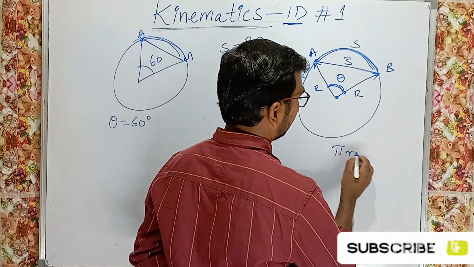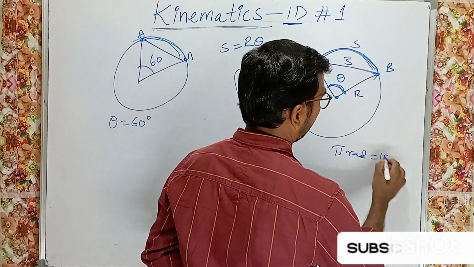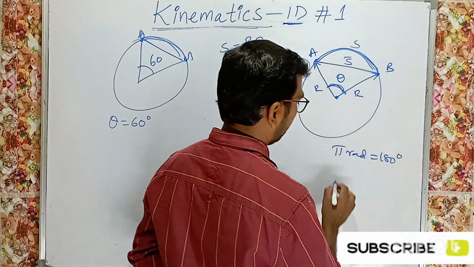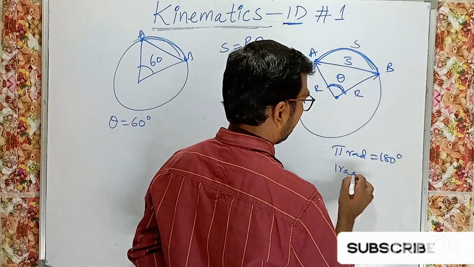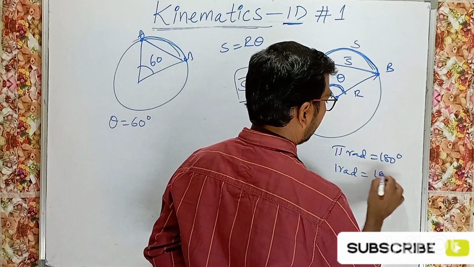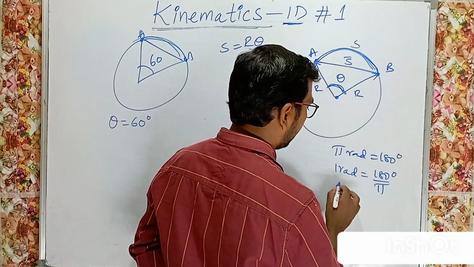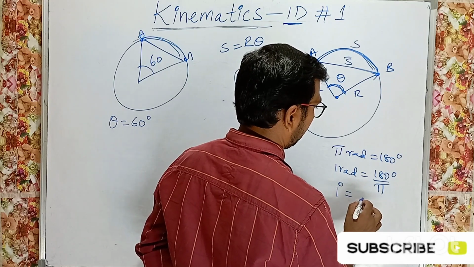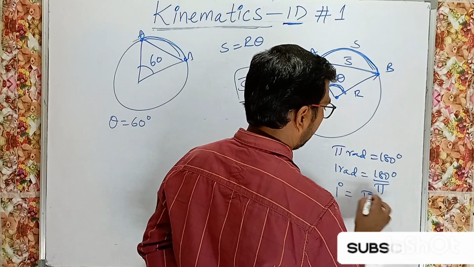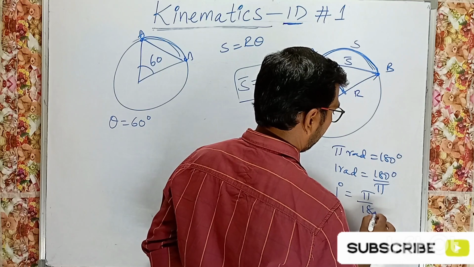So pi radian is equal to 180 degrees. 1 radian is equal to 180 by pi degrees. 1 degree is equal to pi by 180 radian.